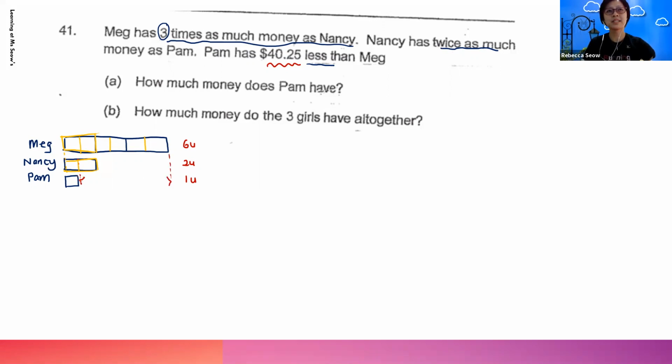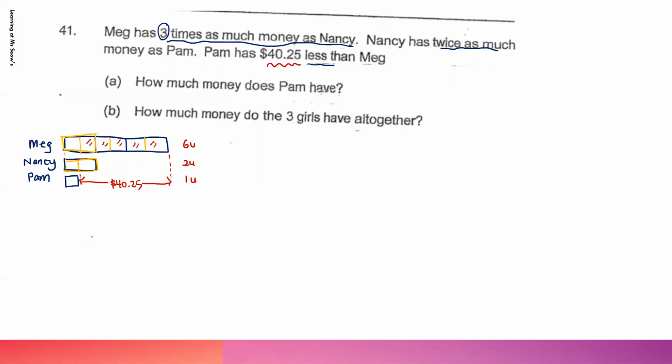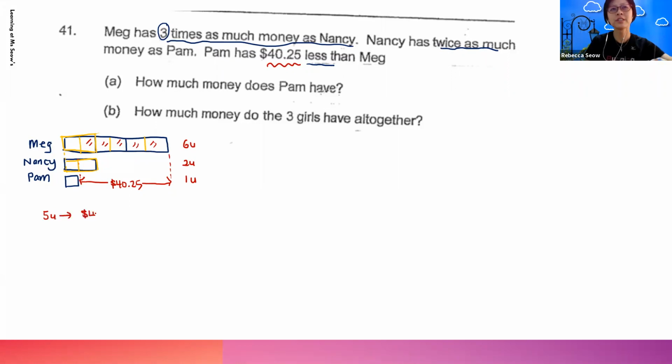The difference is $40.25. How many units gives you that? 5. Thanks, Jordan. So 5 units gives you $40.25.